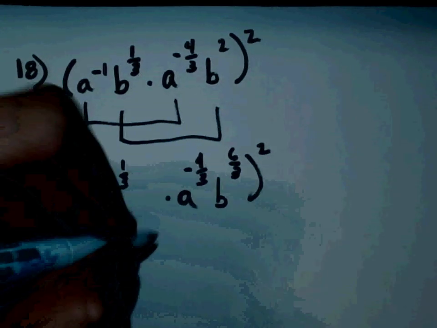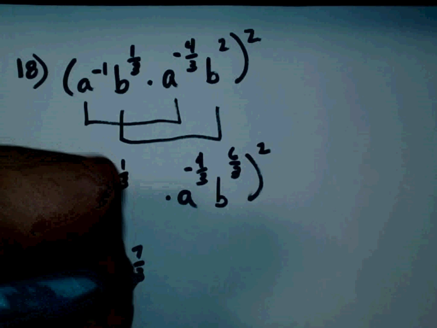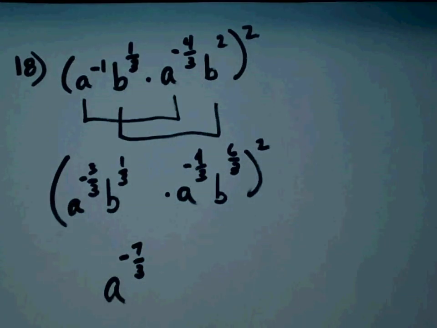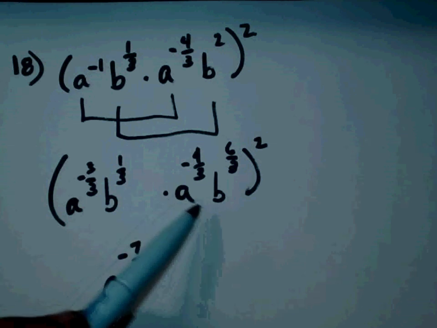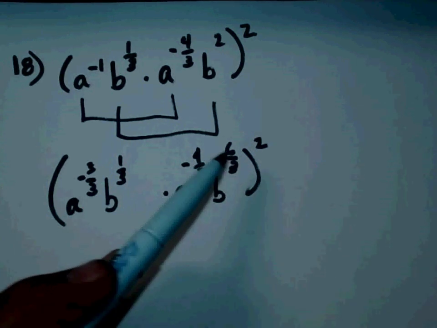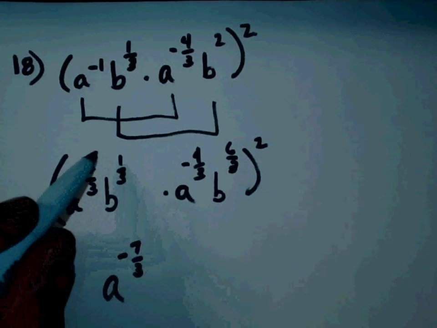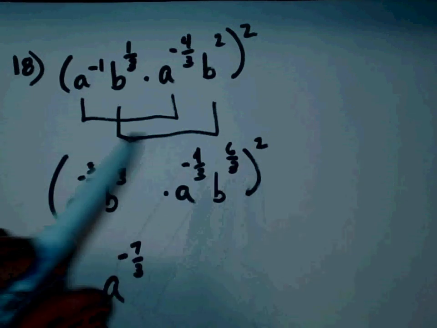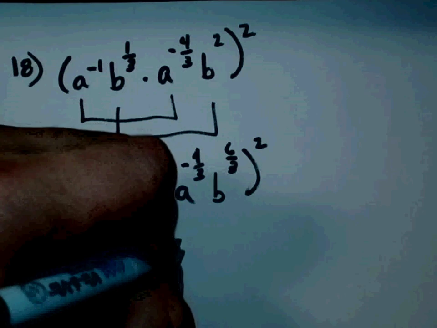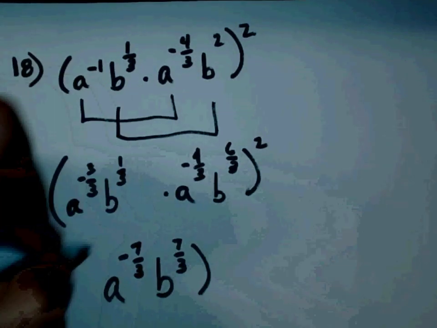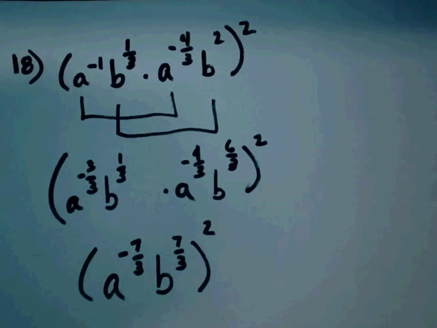Very good. I think me and you are the only ones here. All right. 1/3 combined with 6/3, which is going to add the exponents for the product rule, 1/3 plus 6/3 is? Still raised to the power of 2.